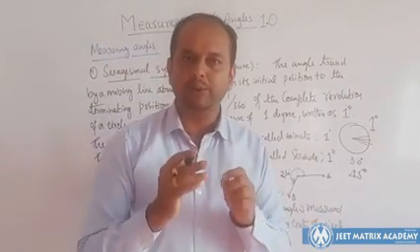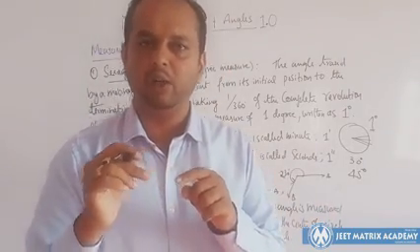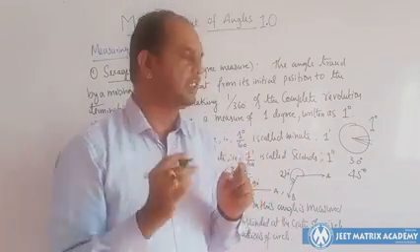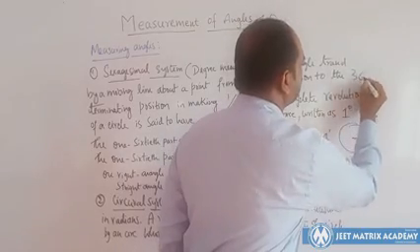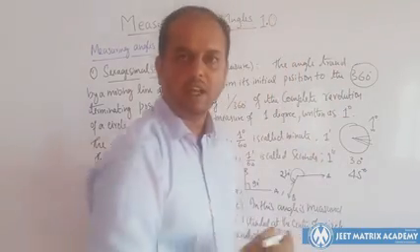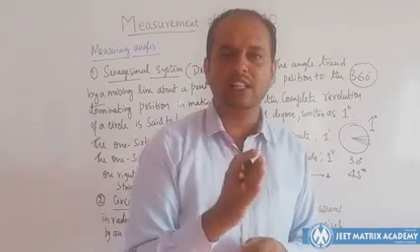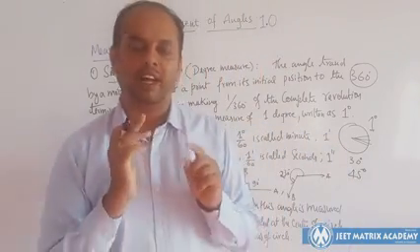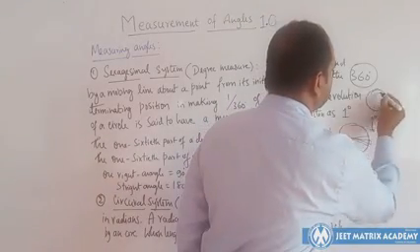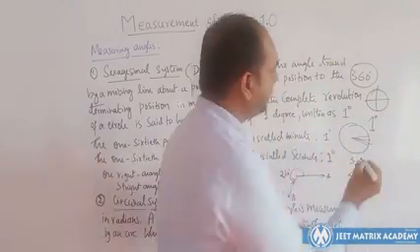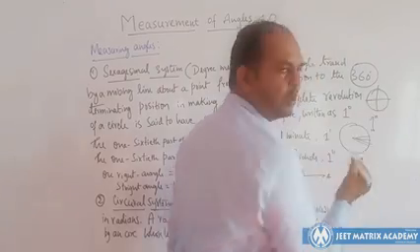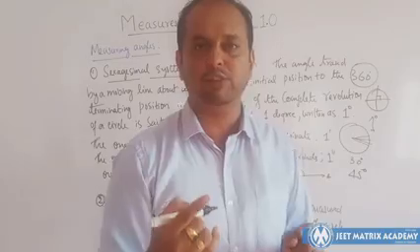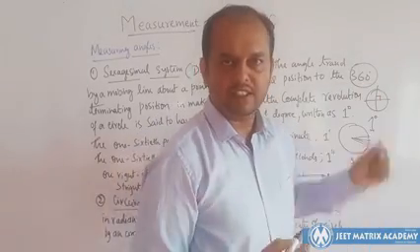If you divide a complete circle, it is equal to 360 degrees. If you divide the whole circle into 4 quarters, each angle is 90 degrees. 90 into 4 together is 360.